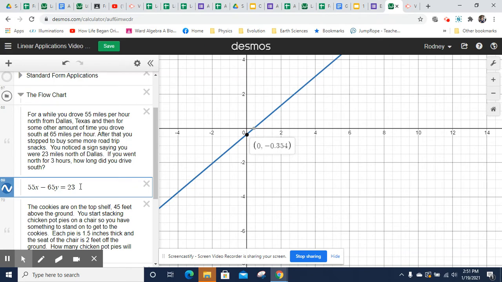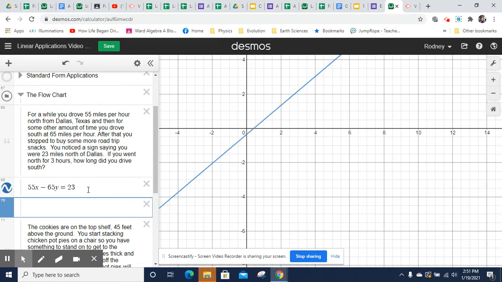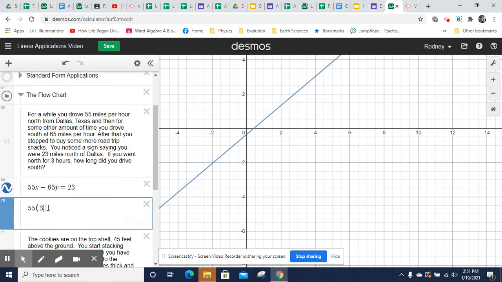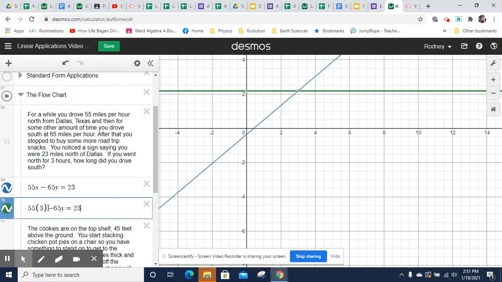So let's now see if we can work out, if you went north for 3 hours, how long did you drive south? Okay, let's find out. So north for 3 hours, so that'll be 55 times 3, because x was 3, minus 65y equals 23.